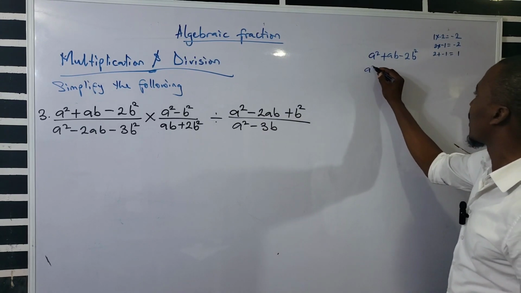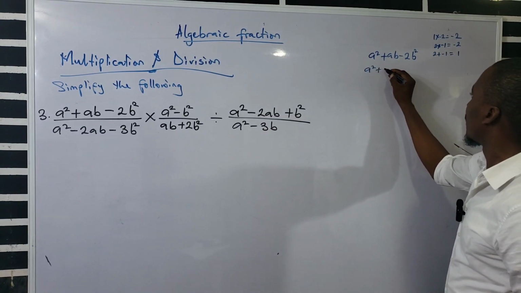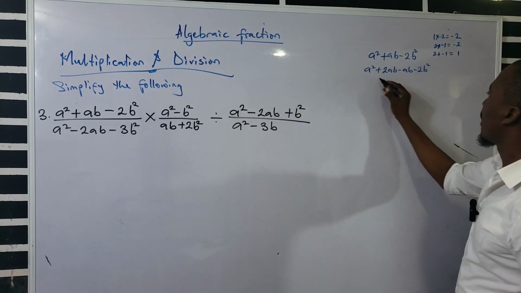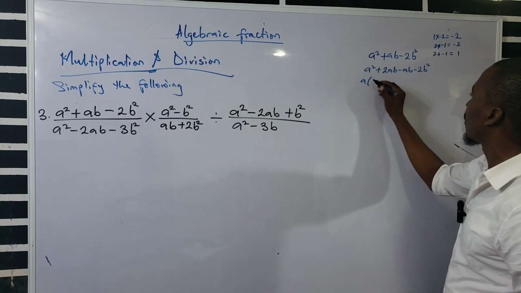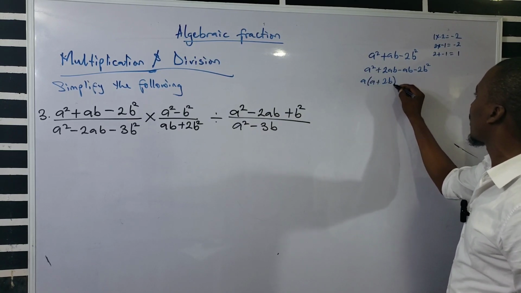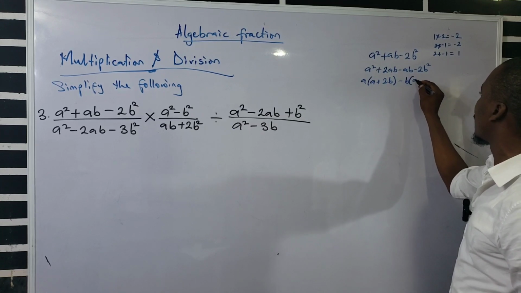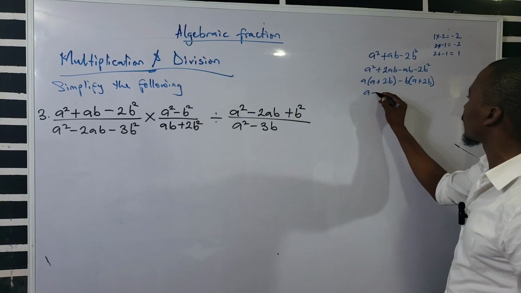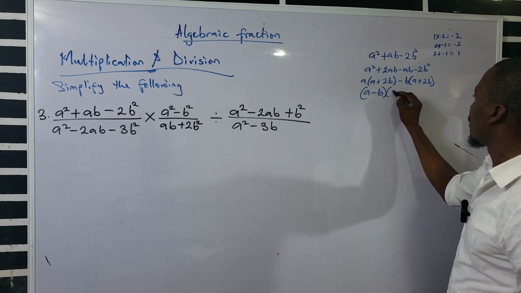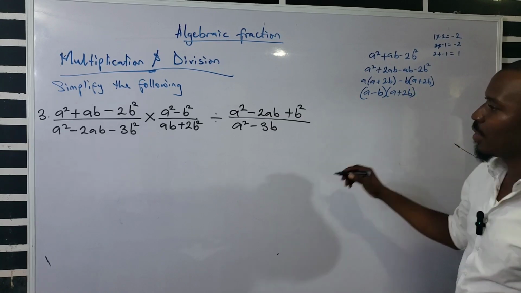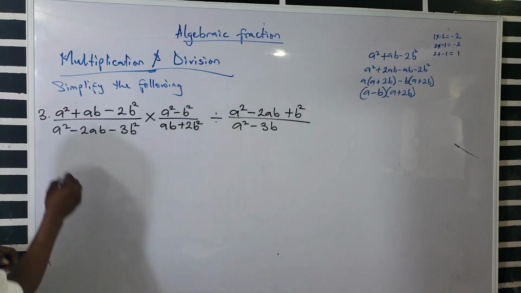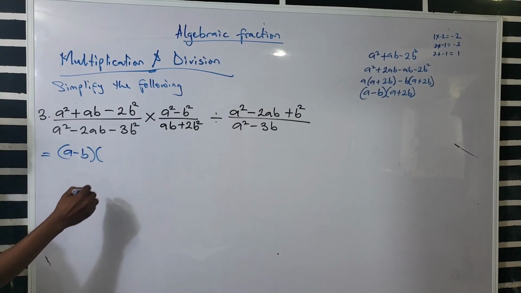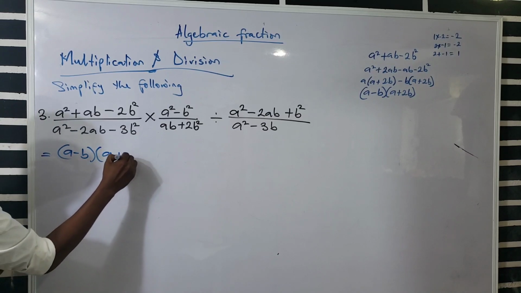So that will give us a square plus 2ab minus ab minus 2b squared. So that will give us a into a plus 2b minus b into a plus 2b. So that will give us a minus b into a plus 2b. So if we factorize the top one here, that will give you a minus b into a plus 2b.